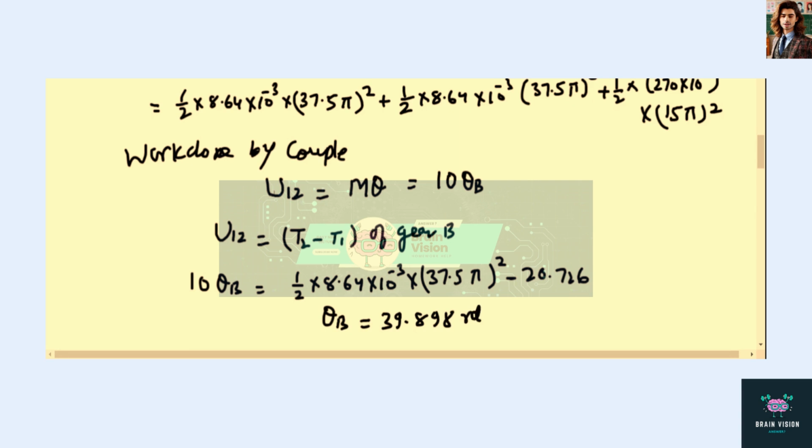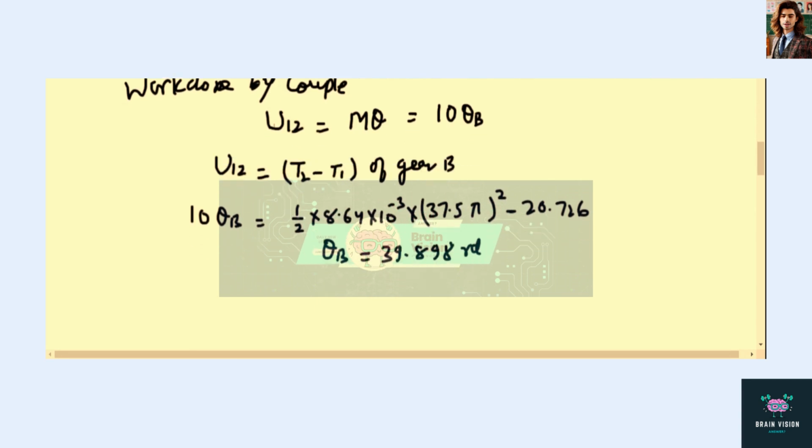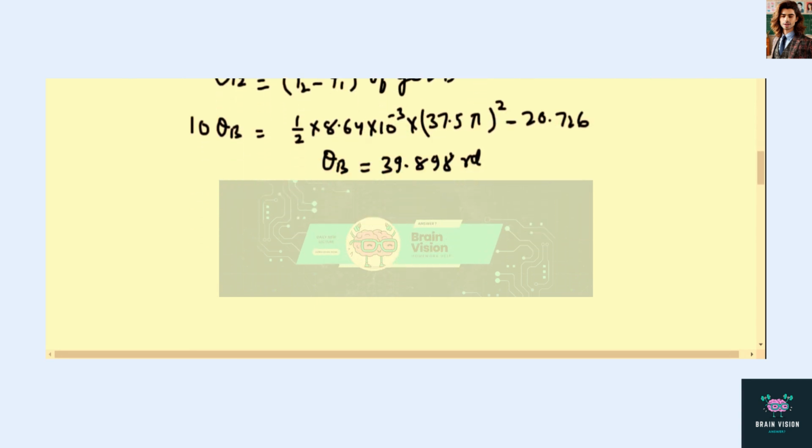Of gear C, theta C will be theta B upon 2.5.